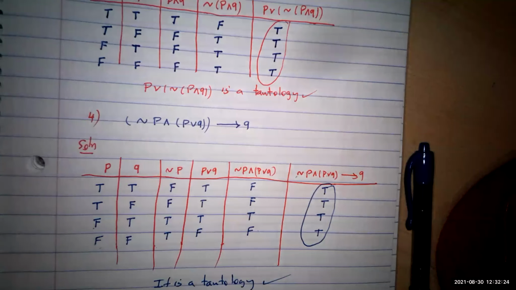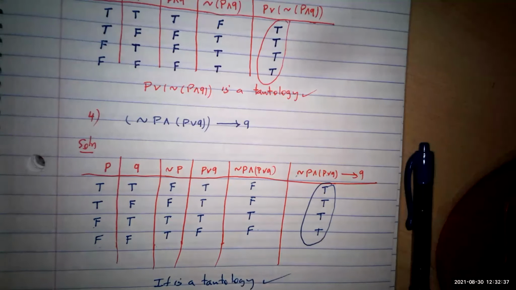If you have two compound propositions for which the truth tables of both of them are the same, so the truth table of the first proposition is the same as the second proposition, we are going to say that these propositions are equivalent or they are equal.